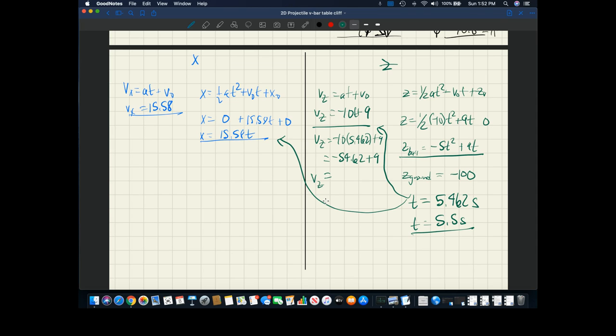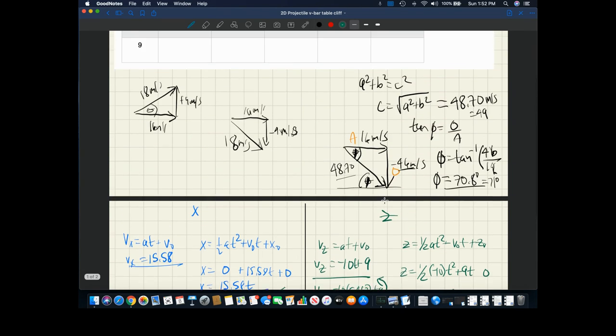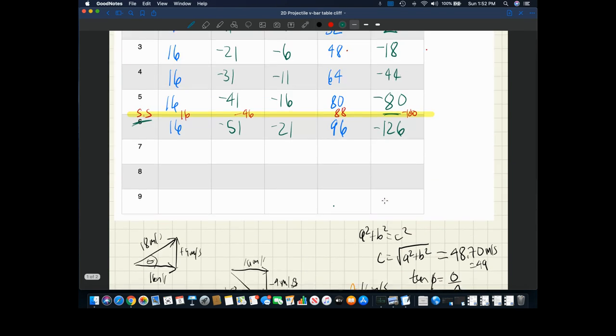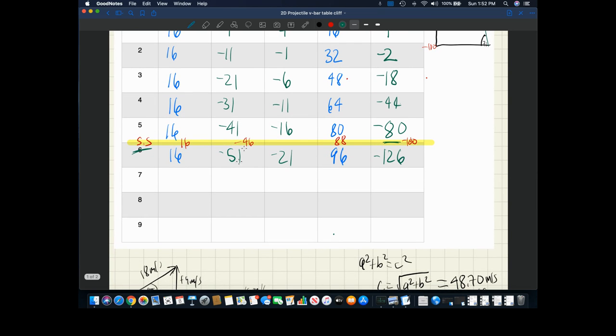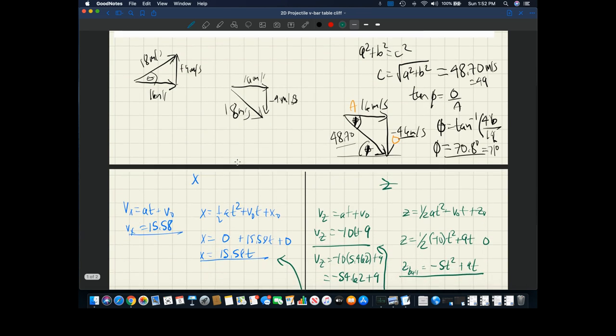And that is minus 45.62 meters per second. Let's see how that compares to our VZ over here. Boy, minus 45.62. Minus 46. We did pretty well there.